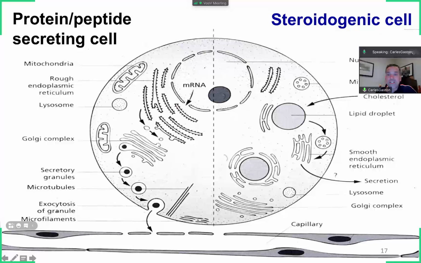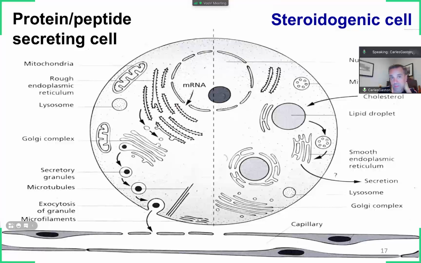It can also be secreted through lysosomes, and we have big mitochondria that obviously are important in the energy metabolism of the cells.